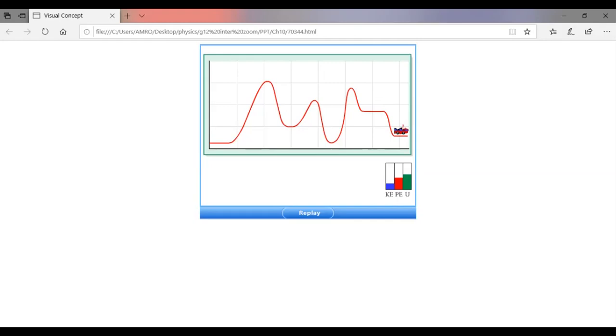But the remainder of the track is a closed system. That means that from the end of the first hill, the total energy will remain constant by converting between potential and kinetic energy. One of them increases, the other decreases, and vice versa.